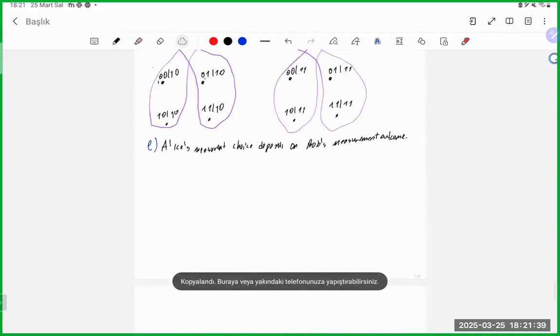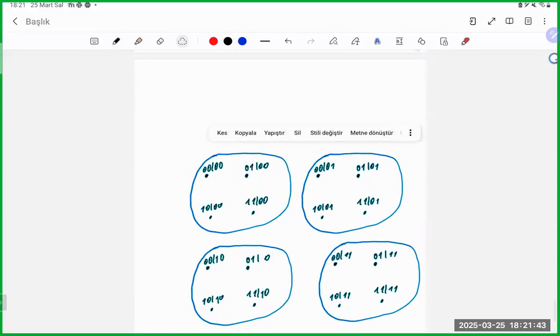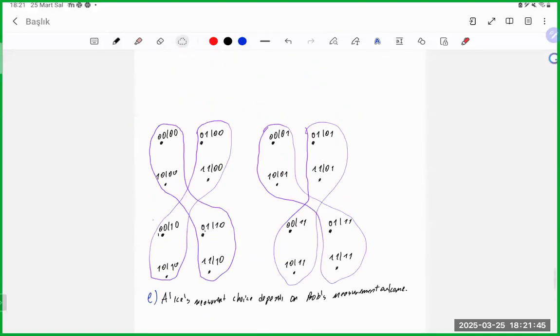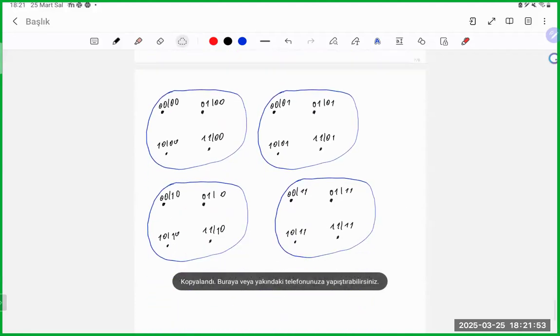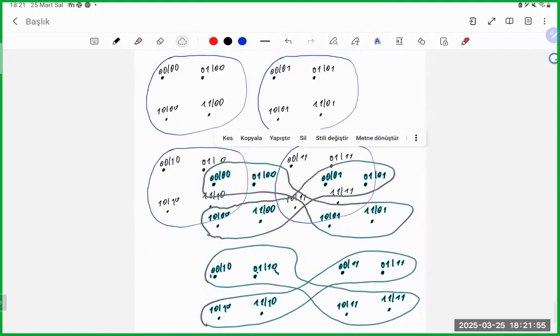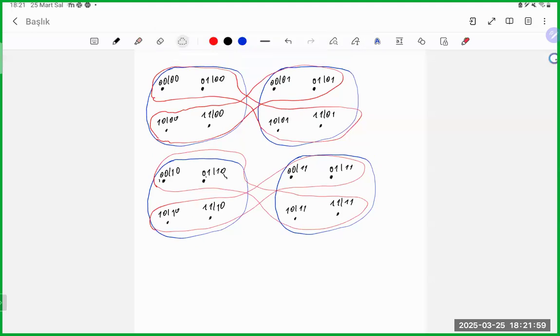So let me copy. So I am taking all of the hyperedges that are generated.